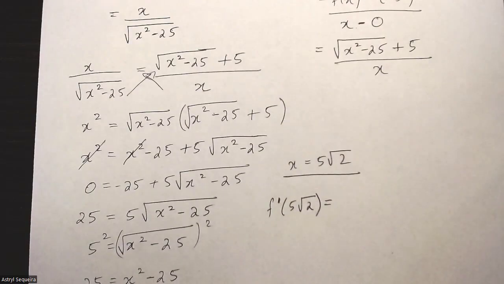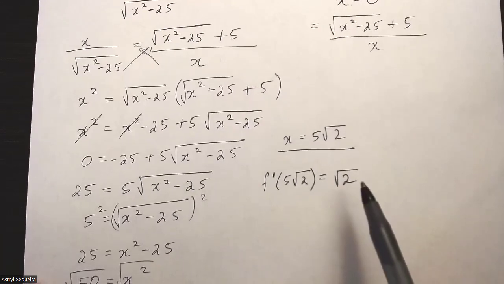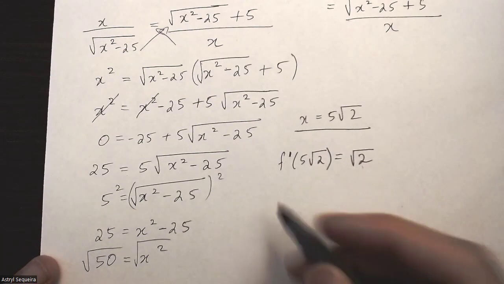I'll do that in my calculator. I just get root 2 as the answer. So basically the slope of that first equation is just root 2.